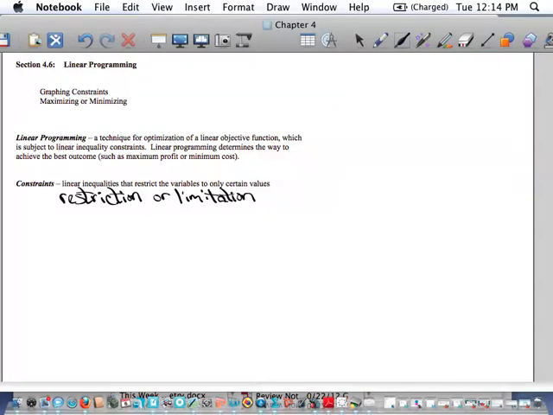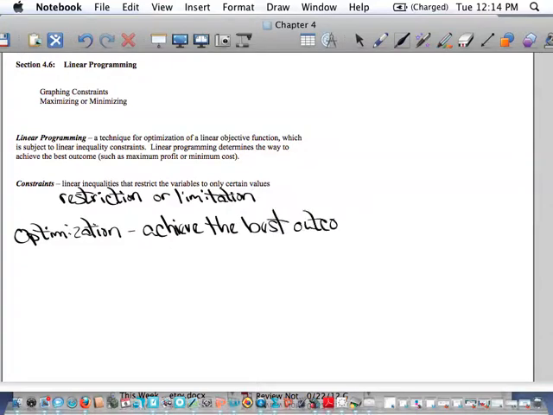The other word we need to take a look at is optimization. The idea of optimization is to achieve the best outcome. If you're in business, that means you want to maximize profit, minimize cost, because you want to make the most money as possible.